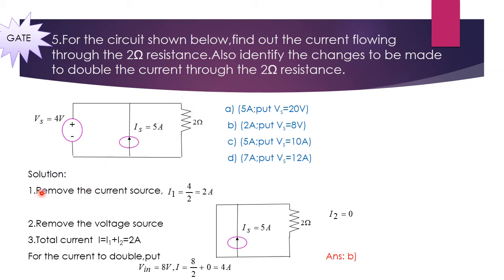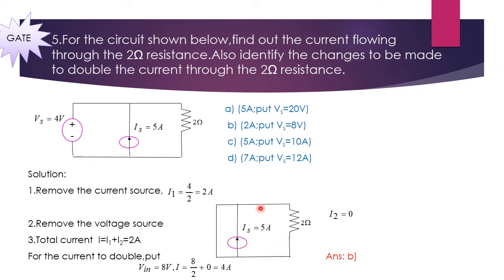Right. So first step, remove the current source and calculate the current flowing through it. If you are removing this current source, the total current flowing through this resistor using Ohm's law is V by R. So 4 divided by 2, that is equal to 2 ampere. Now we have to remove the voltage source. If you are removing the voltage source, it should be short circuited.